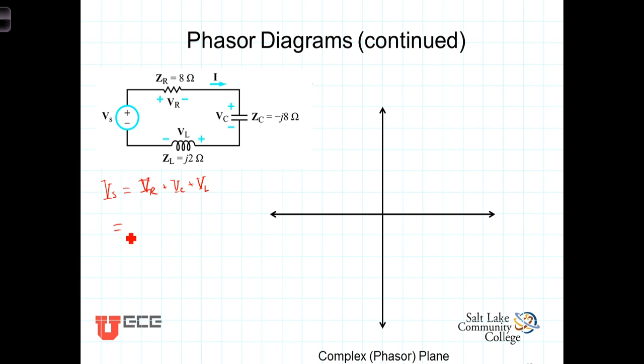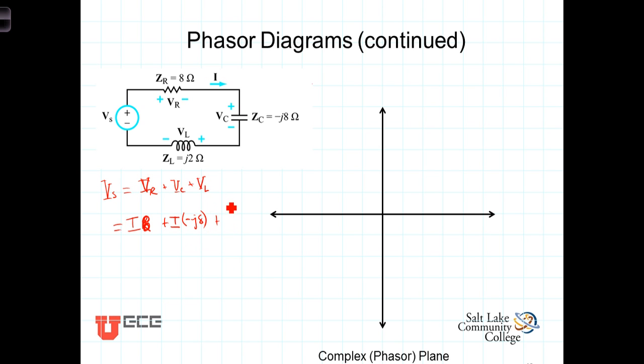Now let's put in that V sub R is equal to I times R. In this case, R is 8 ohms. Plus the voltage across the capacitor is just going to be I times Z sub C, which is I times a negative j8.